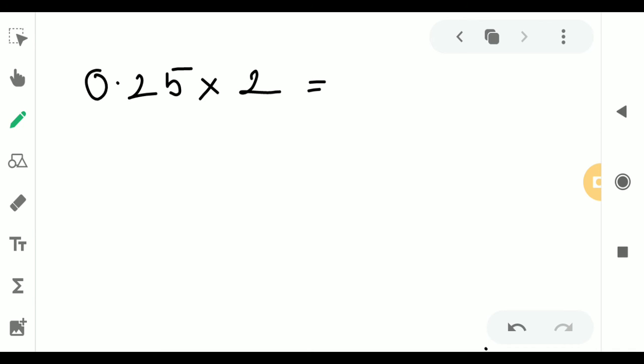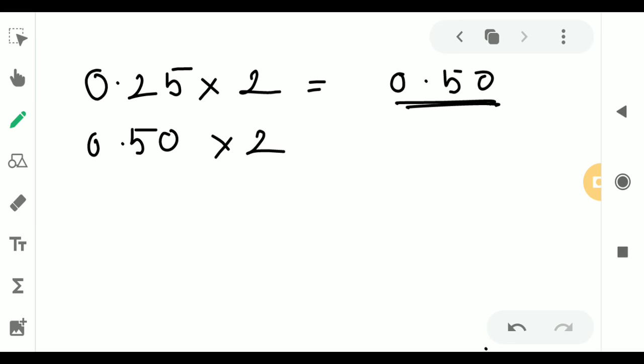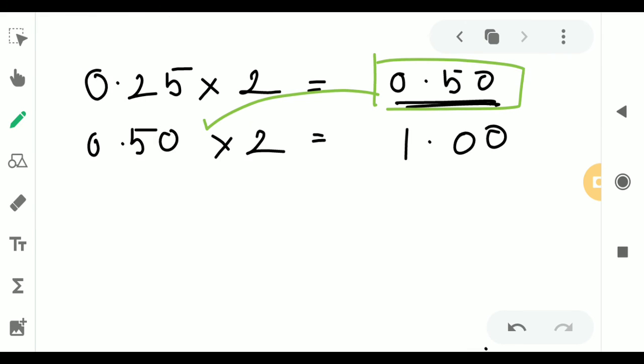What does it become? 0.50. Again, take this answer and multiply it by 2. What will it become? 1.00. Now, why did we again multiply 0.50 by 2? The very purpose of multiplying the fractional part by 2 is to get the fractional part as 0.